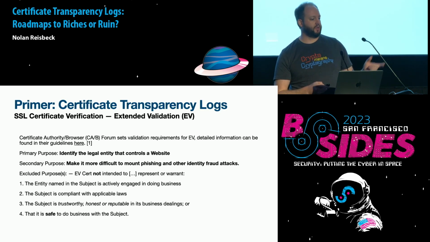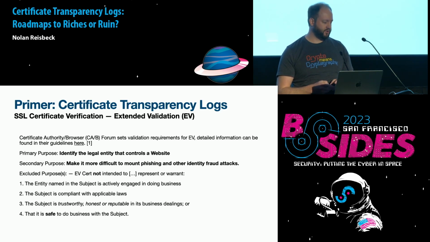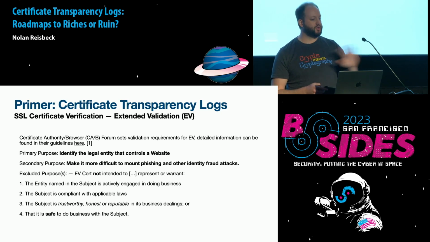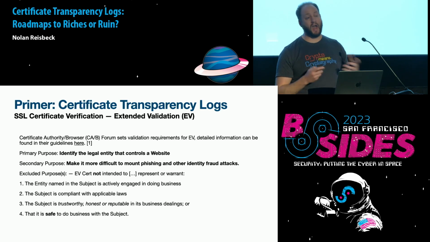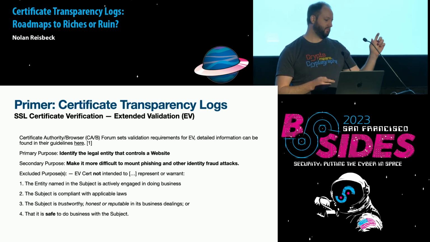So the certificate authority and browser forum will set the validation requirements. There's like 4 different 200-page docs out there if you want to go through and read those. We're not going to talk about too much of that right now, but the primary purpose of an extended validation certificate would be to identify the actual legal entity that controls a website, or that domain, I should say.